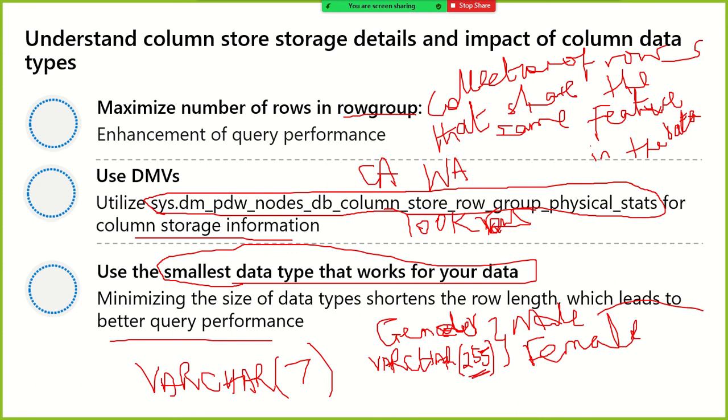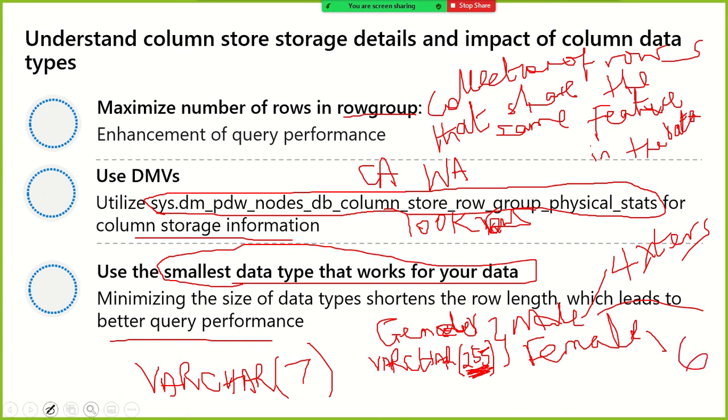That's what this one means. And since you know that you only have male and female, male has how many? This has 4 characters, and this one has how many characters? 1, 2, 3, 4, 5. Okay, it has only 6.